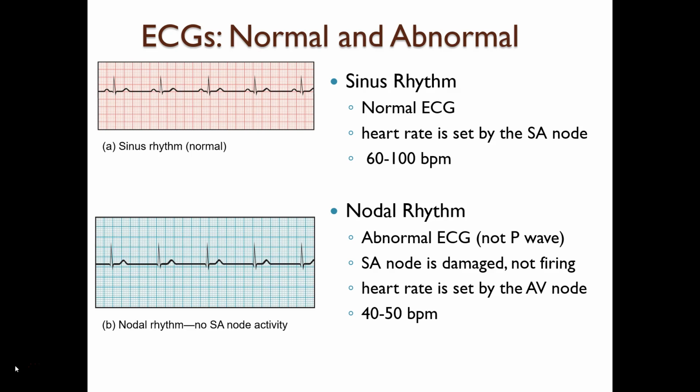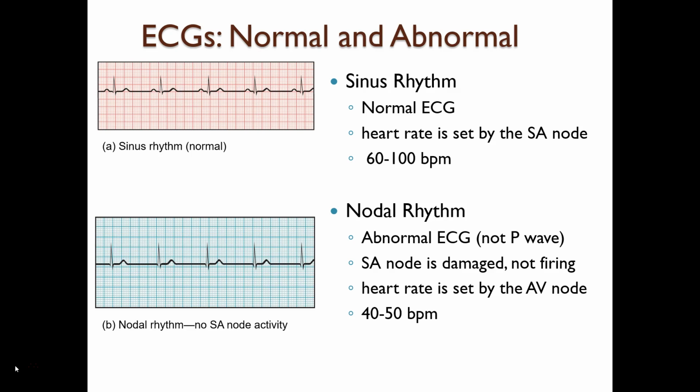So that's normal. If a person has a nodal rhythm, that means their SA node is not firing. And the result of that is the heart rate is going to be between 40 to 60 beats per minute.